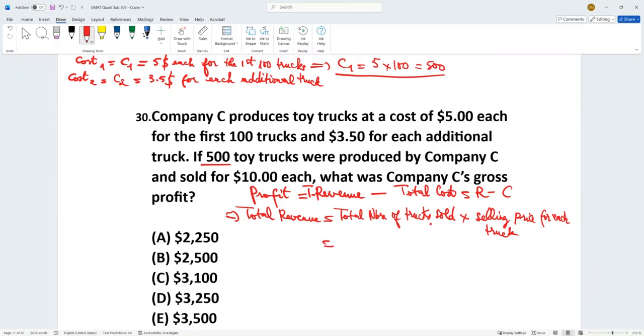The total number of trucks sold is 500 from the prompt, times the selling price, $10 each, and this will give us 5,000. So 5,000 is the total revenue.